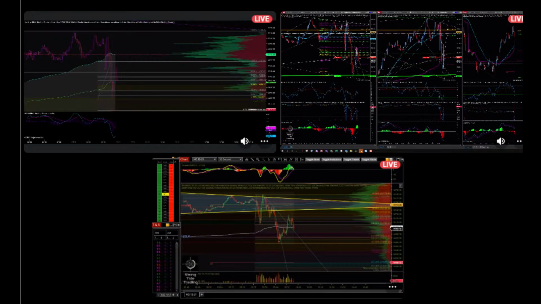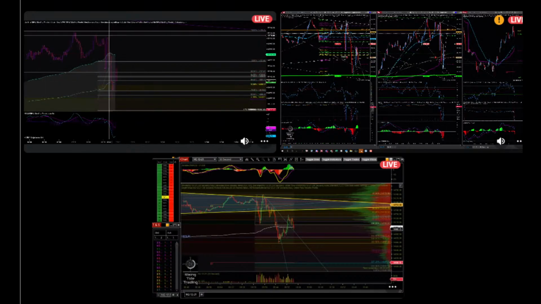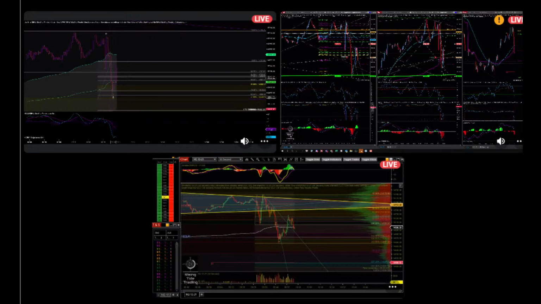Taking some off. I'm gonna move this up. Give this thing a little room to breathe. Keeping it at that last prior price point there.